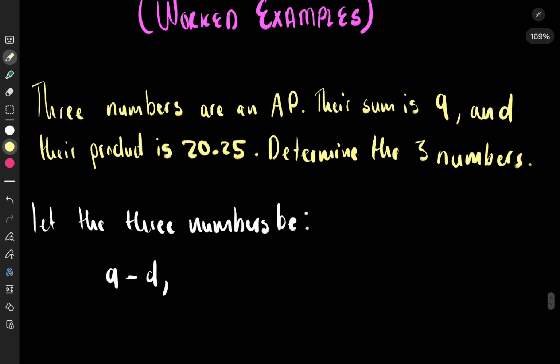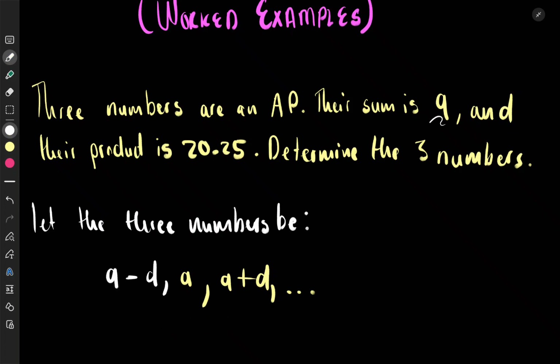To go to the second term we add a D, and if we add a D to A minus D, we remain with just A. Then our third term, we add one more D and it becomes A plus D. So the terms are A minus D, A, A plus D. What makes this an AP is that to come from one to the next, we are adding the common difference D, and this is what makes this allowed.